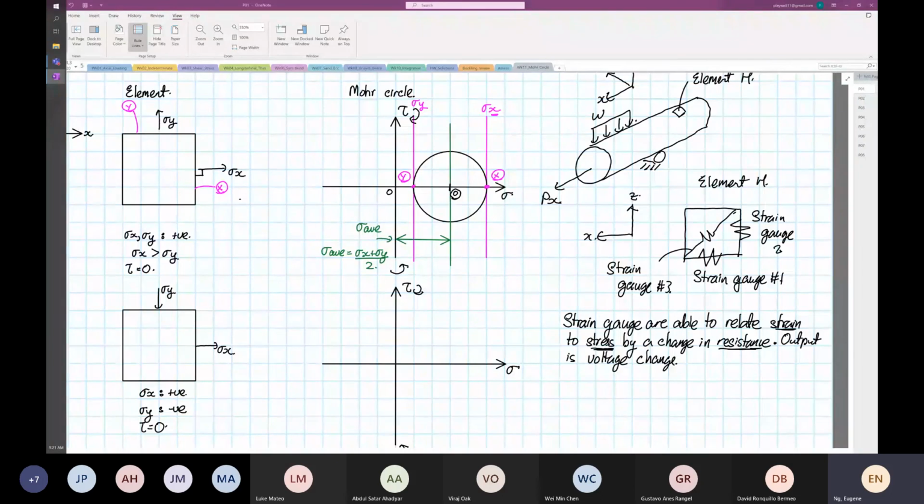Again we start labeling: this is the plane intersecting the x-axis, and this is the plane intersecting the y-axis. Now we know that stress X is positive, so we have it somewhere around here. That is your stress X line, and your stress Y is negative. If this is 0, negative means it's on the other side.